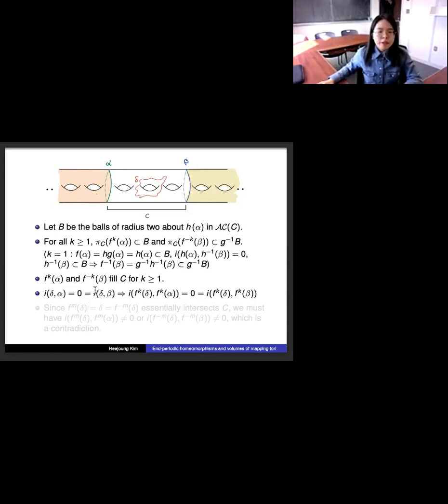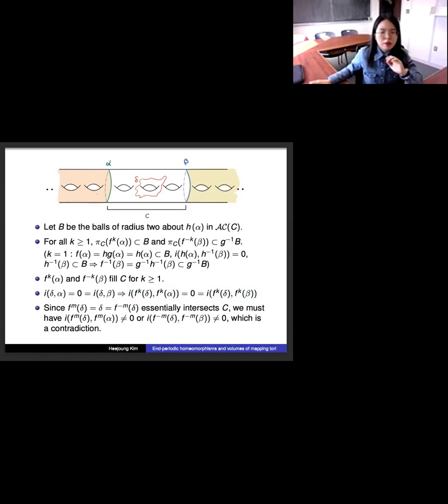Then at the beginning, we said delta is a periodic curve, and actually delta is in C, so delta and alpha are disjoint, and delta and beta are disjoint, and since from this their powers are also disjoint, but this gives us a contradiction because delta is a periodic curve of f.